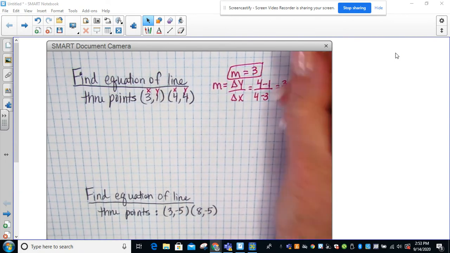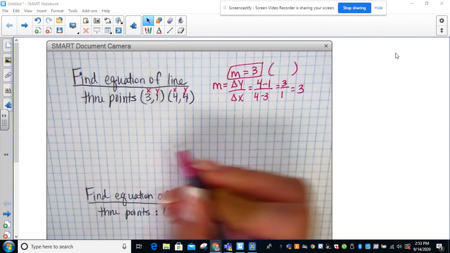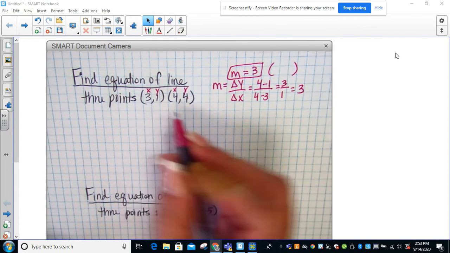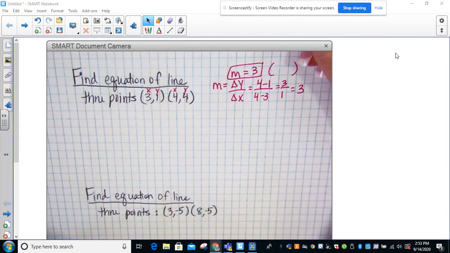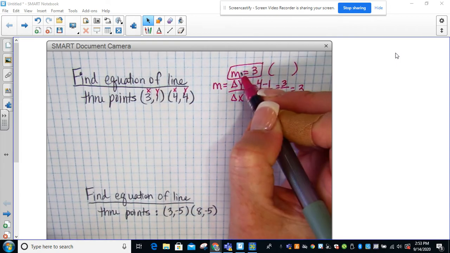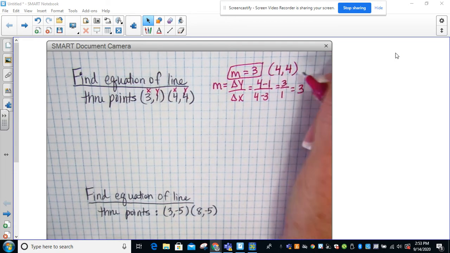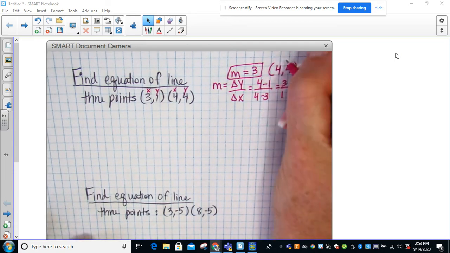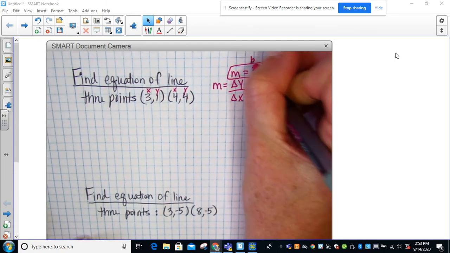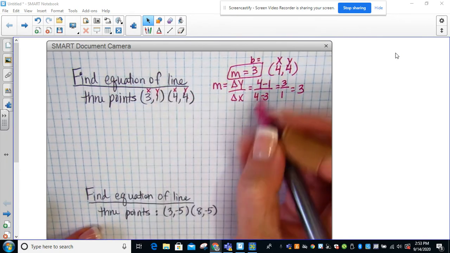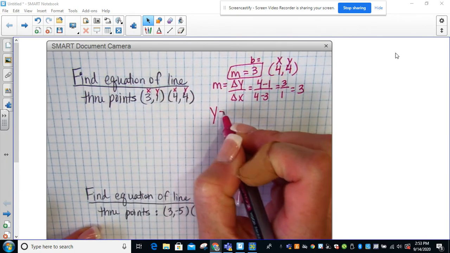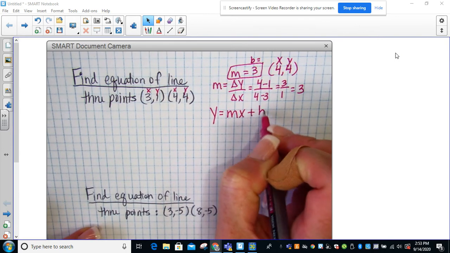Now, let's pick a point, it doesn't matter which one, to use like these up here before where you had a slope and a point. So I'm going to pick the point (4, 4). It does not matter which one you pick. But this is your x, this is your y, and this is your b. So we're going to do y equals mx plus b.